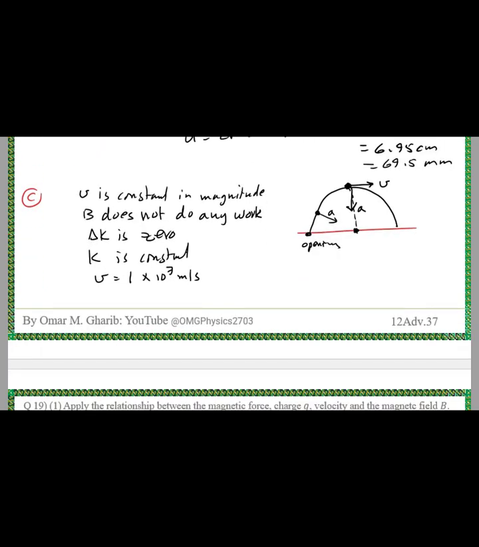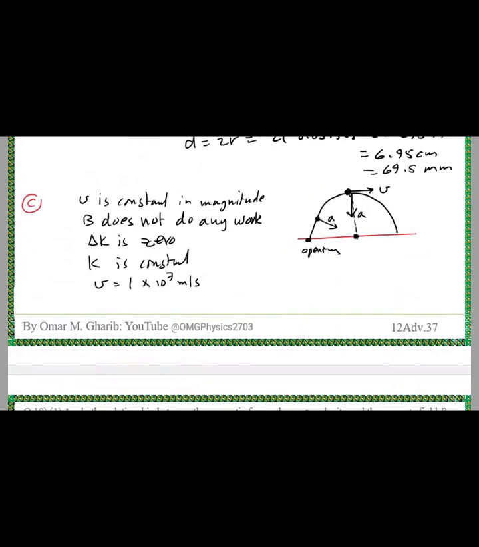Some students say that, oh, constant speed, so there is no acceleration. This is wrong. We have acceleration, centripetal acceleration. Use circular motion. Now, the magnetic force acts as the centripetal force, which is m times centripetal acceleration.